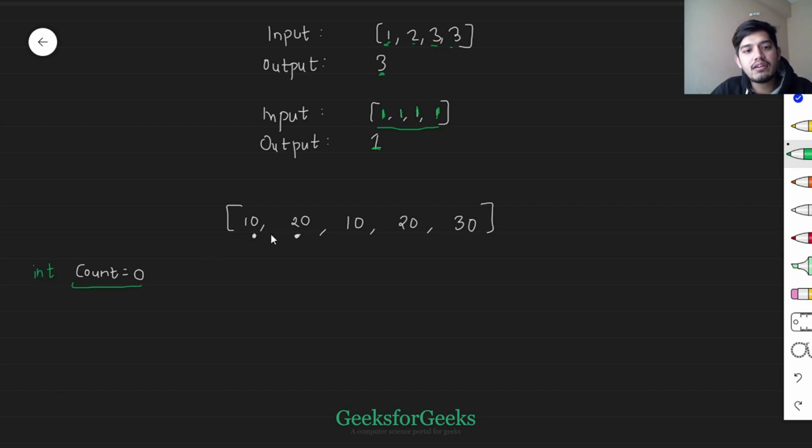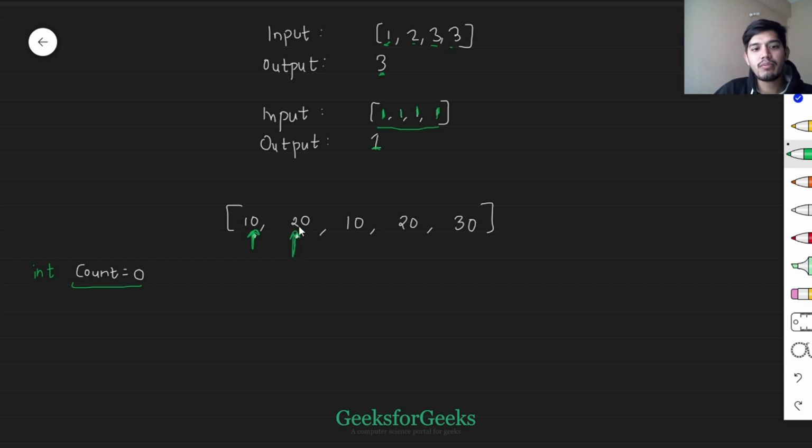Then we are going to use 2 for loops, one for normal iteration and the second for checking. We start our iteration from here and check towards the left of it. There is nothing to the left of 10, so we skip and move to the next.